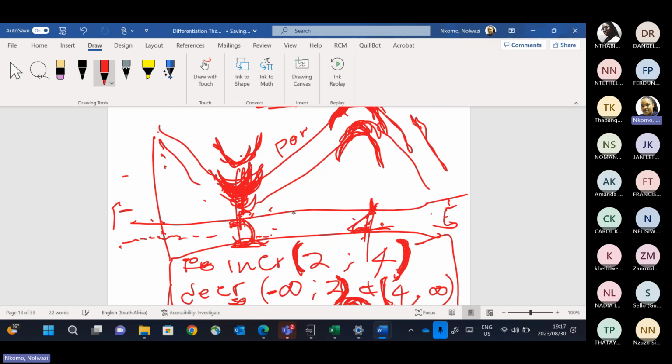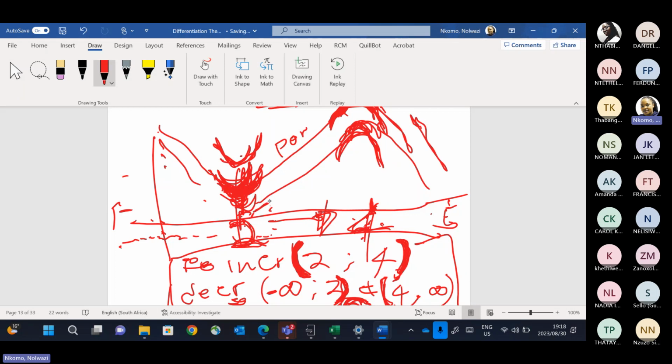It can start increasing from 3.5, but we know that that point is on this side of 2, right? That's why I'm saying I'm not going to include 2, because we know here it's 0, it's not increasing, it's not decreasing. That's why we have a curly bracket.